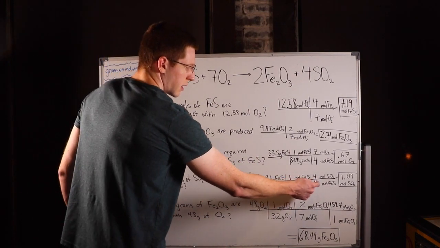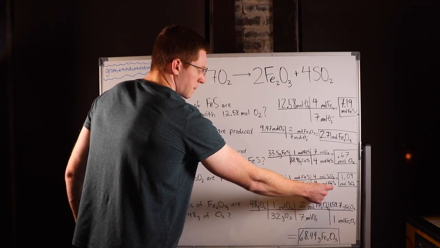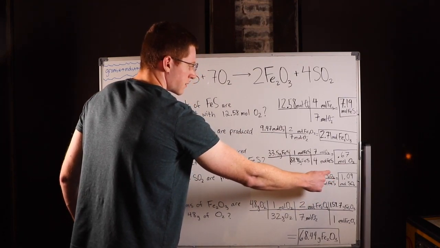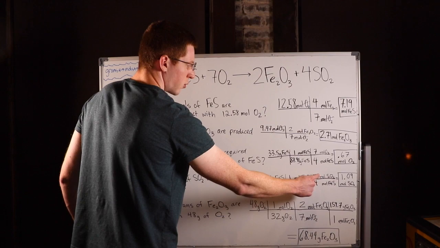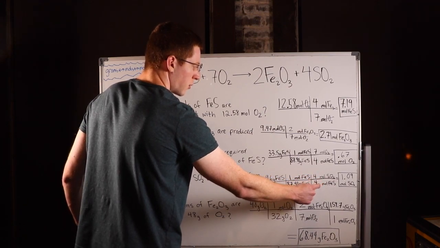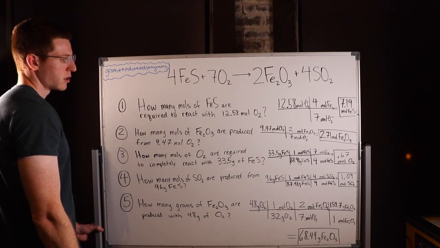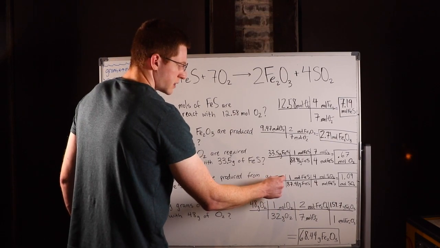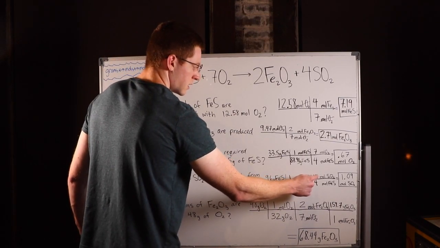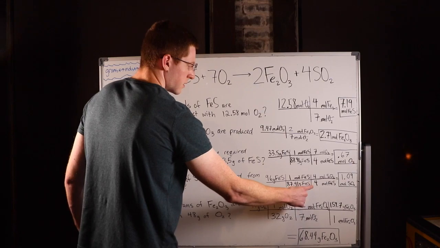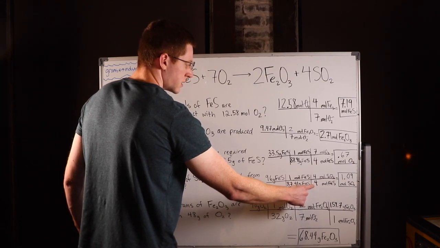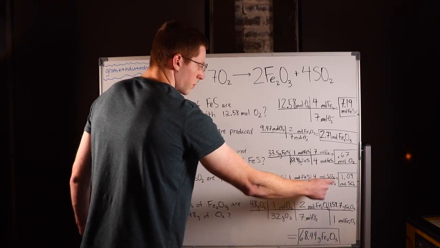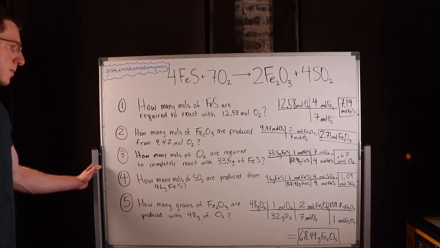So then we have to cancel out moles of FeS down here, and we want to end up in moles of SO2. And we know that for every 4 moles of SO2, there are 4 moles of FeS. So 4 and 4, so you'll do this times this times this, divided by the product of these two, or this times this, and you end up with 1.09 moles of SO2.